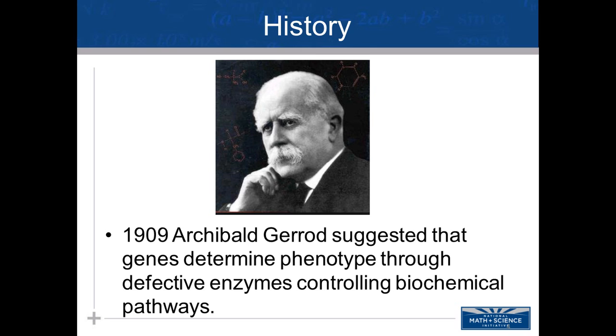protein synthesis. In 1909, a British physician by the name of Archibald Garrod suggested that genes determine the phenotype through defective enzymes controlling biochemical pathways. He was investigating a human disorder that causes urine to turn black.